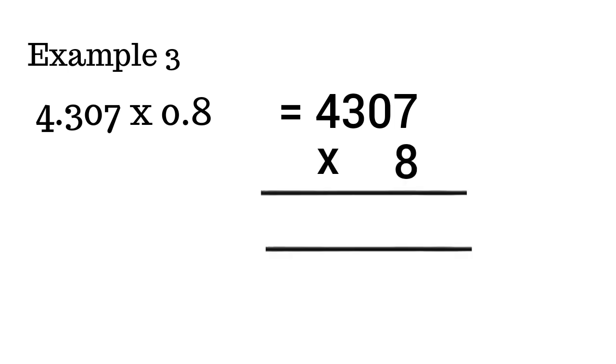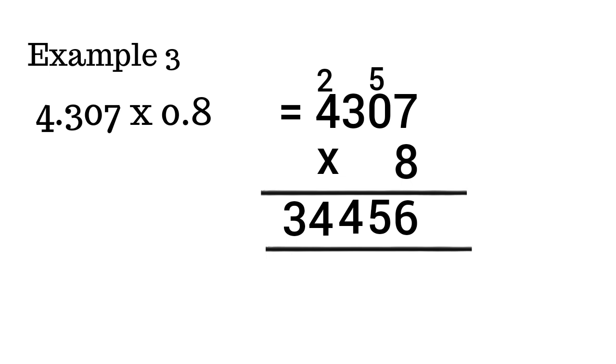7 times 8 is 56. We write 6 and carry 5. 0 times 8 is 0 plus 5. We write 5. 3 times 8 is 24. We write 4 and carry 2. 4 times 8 is 32 plus 2 gives us 34.